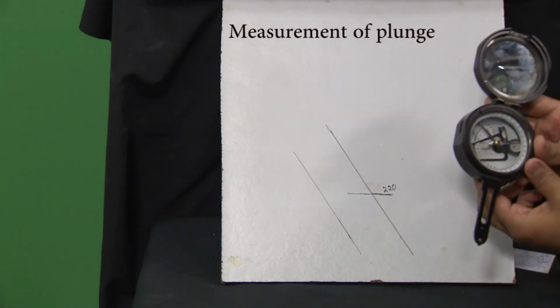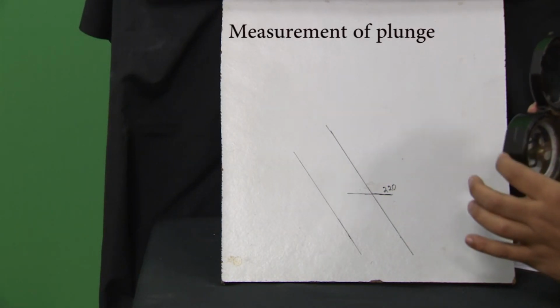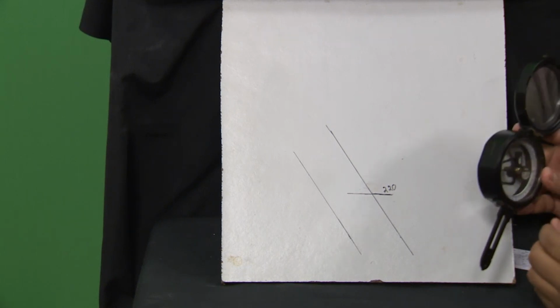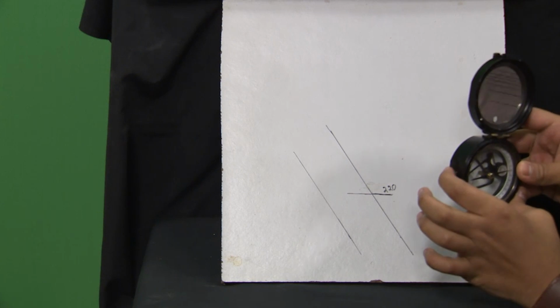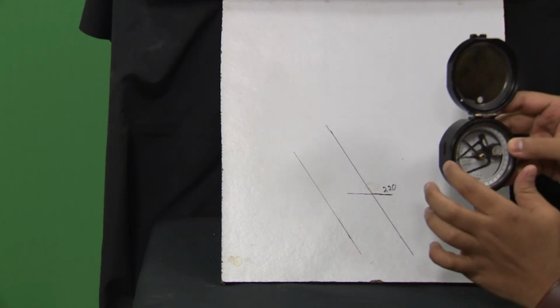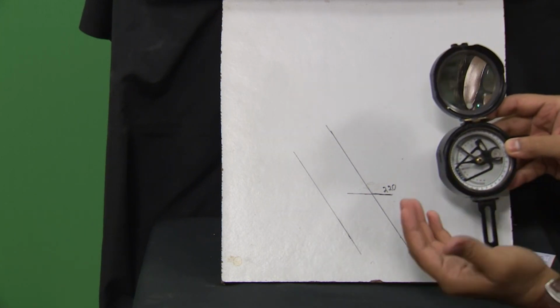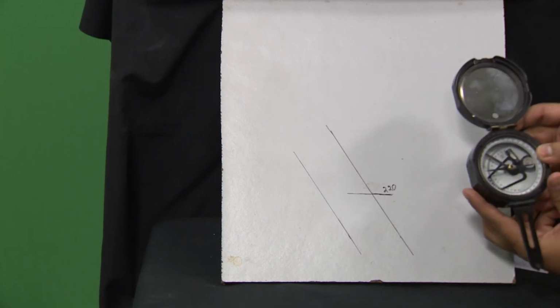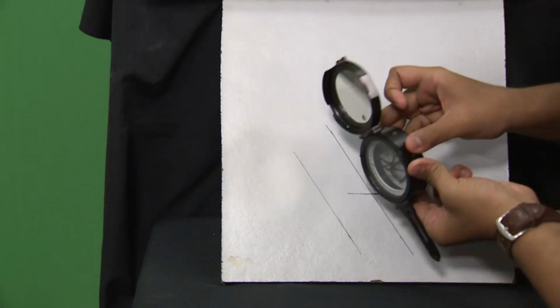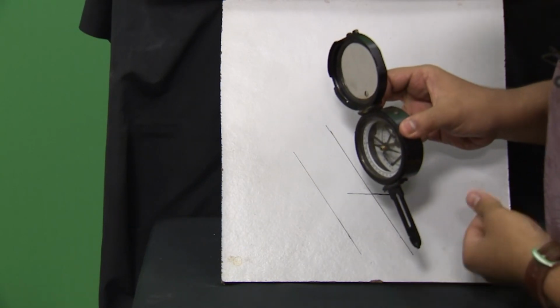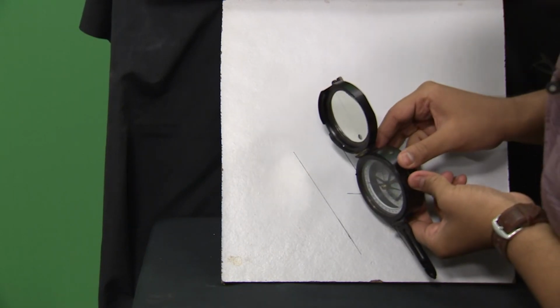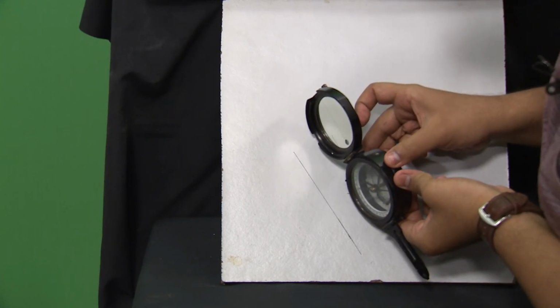When we measure the plunge of a lineation, we will have to place the compass vertically. So we will place this edge of the compass along the lineation, and this edge will be elevated at a certain height so that the compass remains in the vertical plane. The pointed arm will point towards the down plunging direction of the lineation.